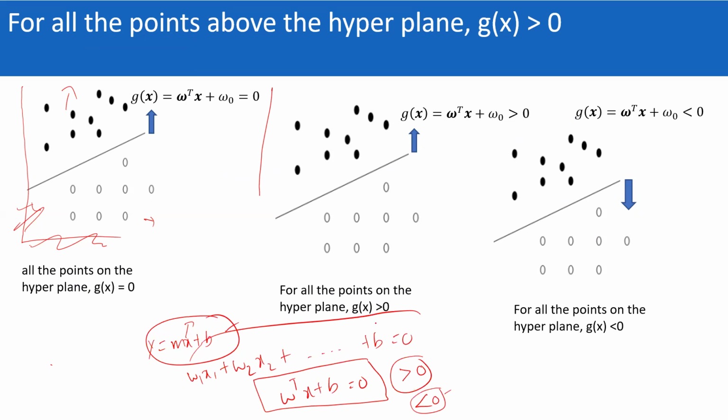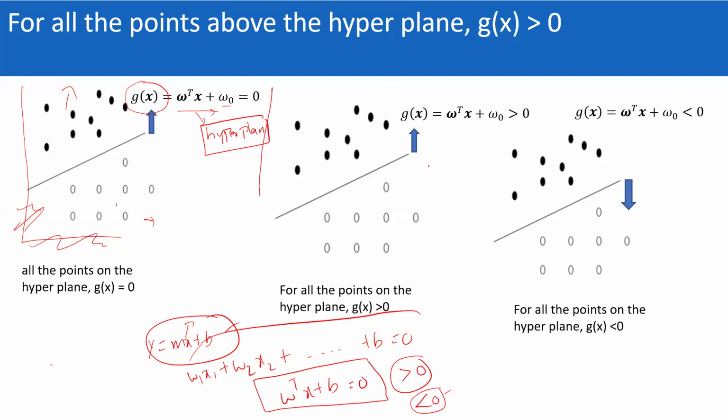Let's see how this function works here. We will take one functionality here: W transpose X plus W naught equals 0. This is where the data points are located. We can consider this as the hyperplane, the optimal one, clearly separating the two classes.